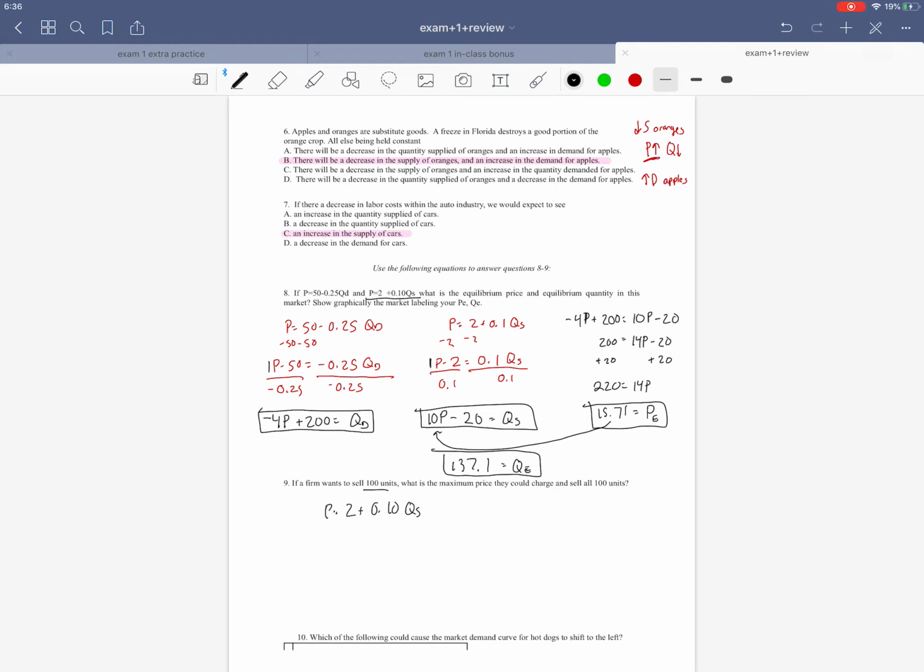We just plug that 100 in for quantity supplied here. So P is equal to 2 plus 10. So the price would be $12.